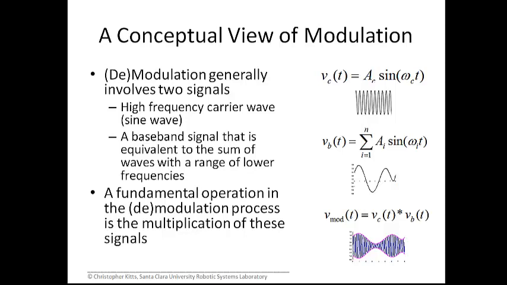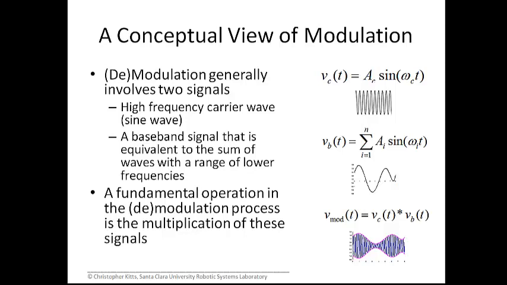The carrier signal starts out usually as a sinusoidal carrier at a very specific frequency, and we'll assume it's a relatively higher frequency than the baseband signal. The baseband signal is some sequence of ones and zeros, or if it's an analog baseband, then it might be a continuously varying signal that's, in general, the sum of a lot of different wavelengths.